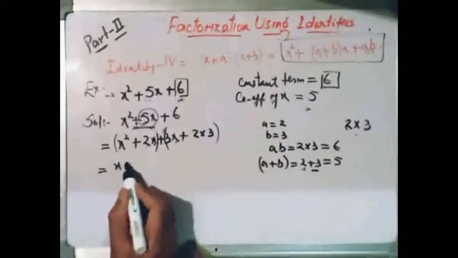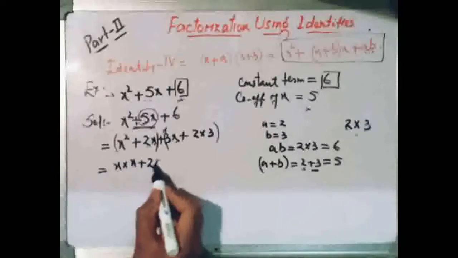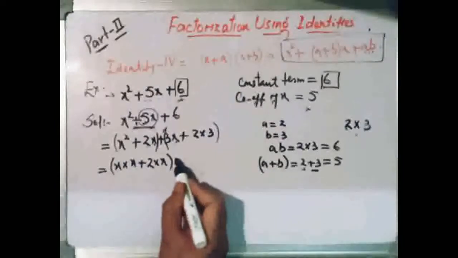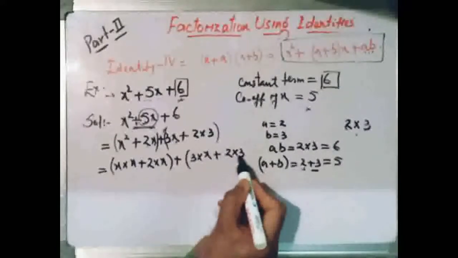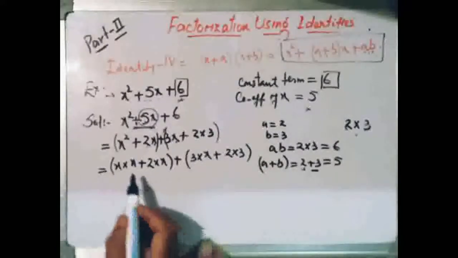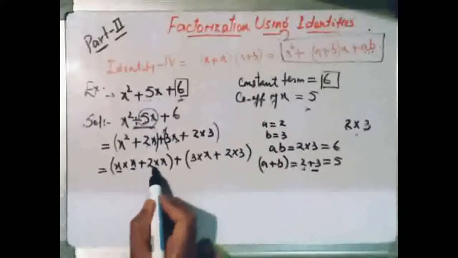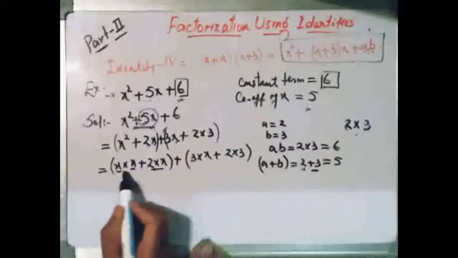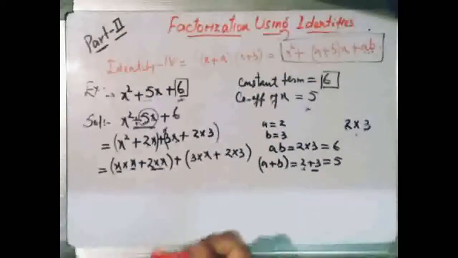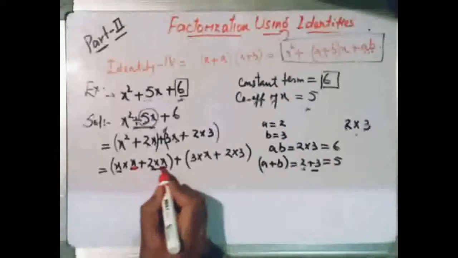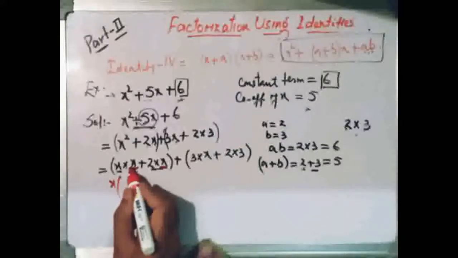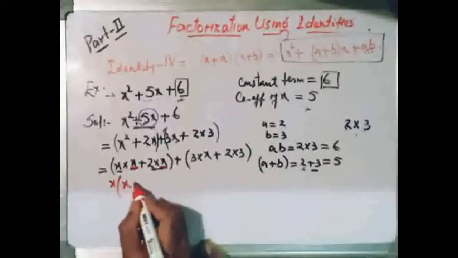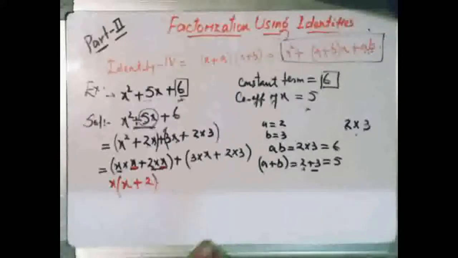You can write this as x into x plus 2 into x, then plus 3 into x plus 2 into 3. Here, 2 into x and x into x have x as the common factor. We can take x out. If we take x common, then here remains x plus 2.